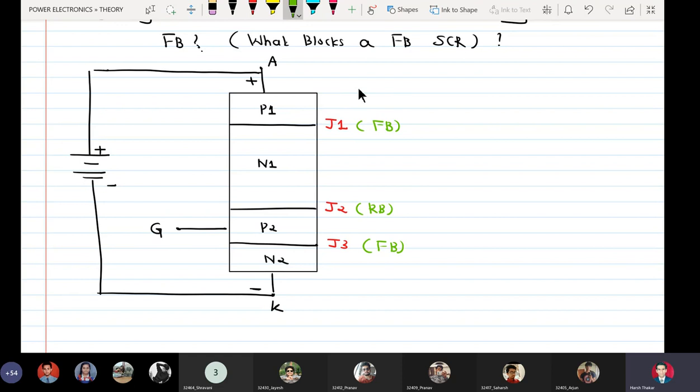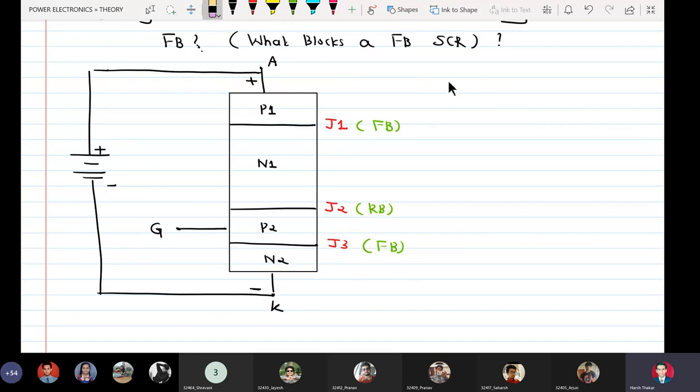So when the anode is positive with respect to cathode, the three junctions J1, J2 and J3 are forward, reverse and forward bias respectively, and the electrical equivalent of any forward bias junction is actually a short circuit, and the electrical equivalent of any reverse bias junction is an open circuit.